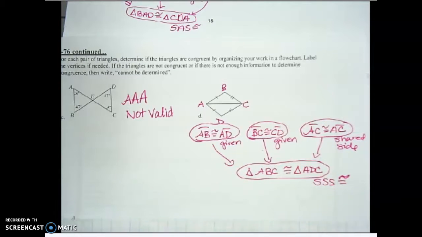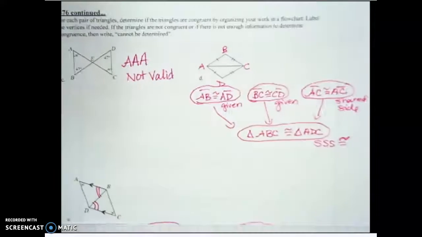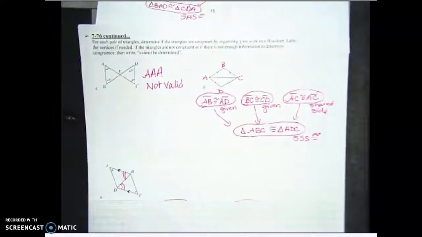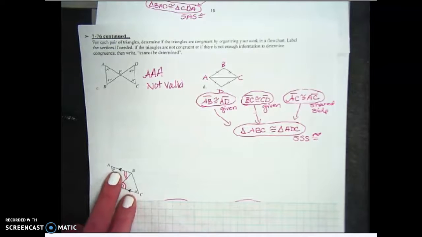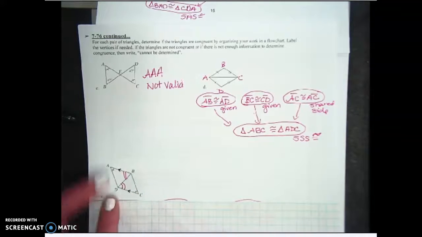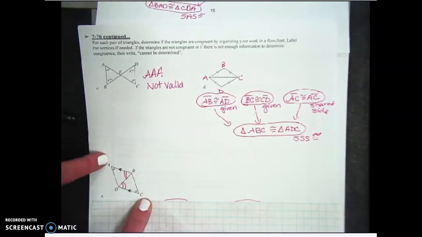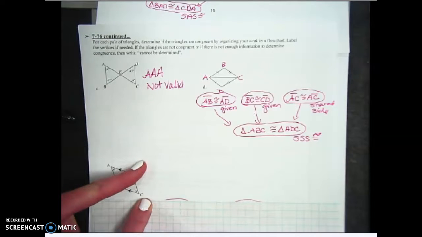All right, part E is already labeled with the vertices, good. And we have this special little symbol again, this little caret that we saw way back in, what, part A? That means what? Parallel. So this line and this line are parallel, and here's your transversal.